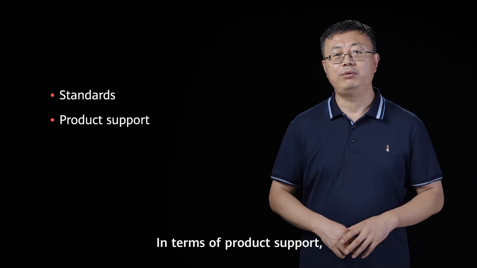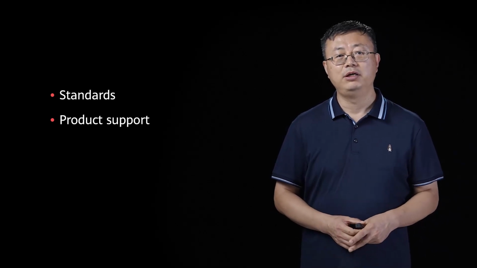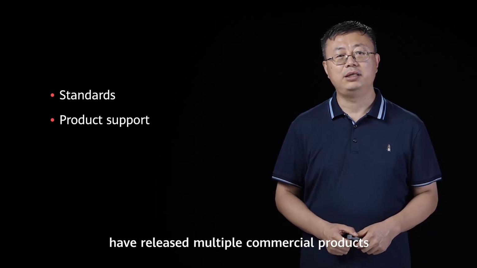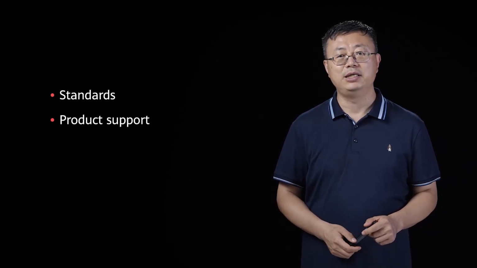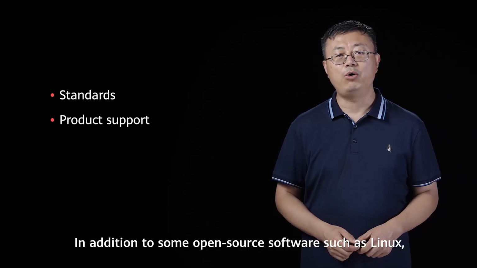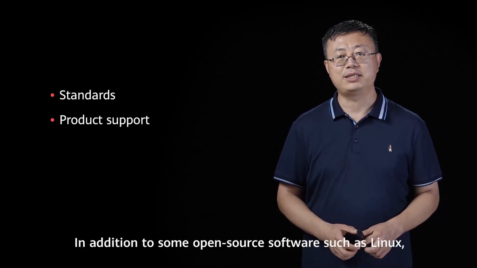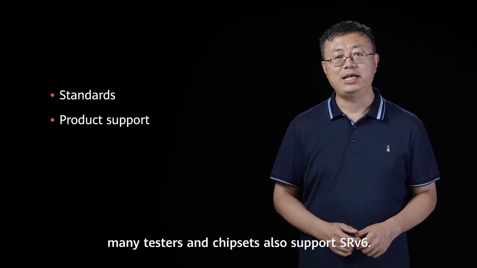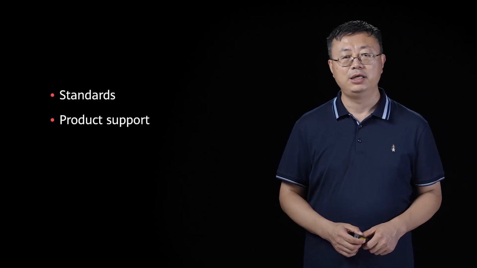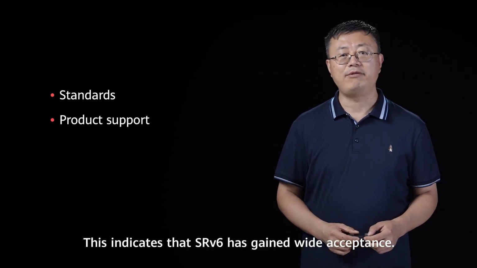In terms of product support, vendors including Huawei and Cisco have released multiple commercial products that can support SRv6. In addition to some open source software such as Linux, many testers and chipsets also support SRv6. This indicates that SRv6 has gained wide acceptance.